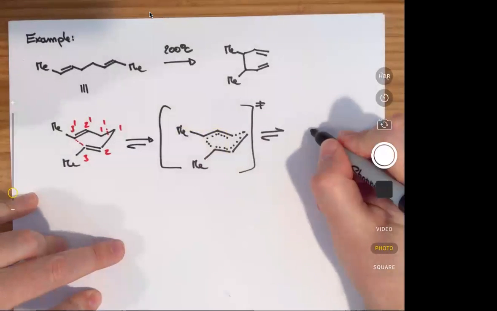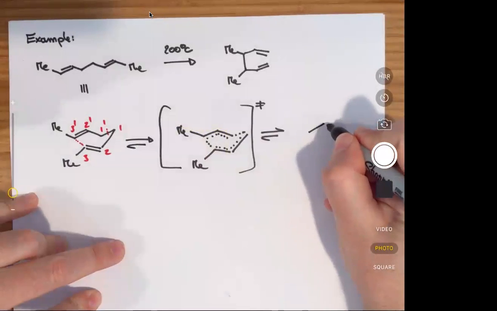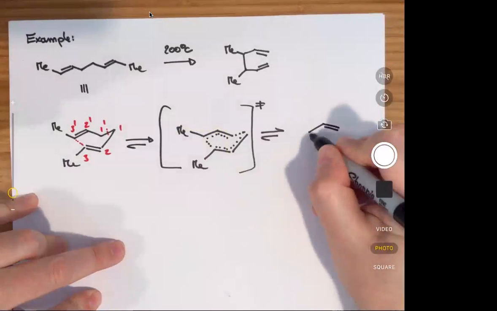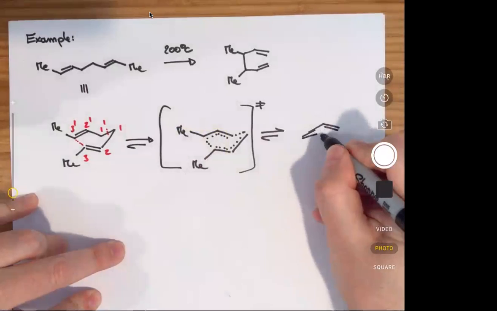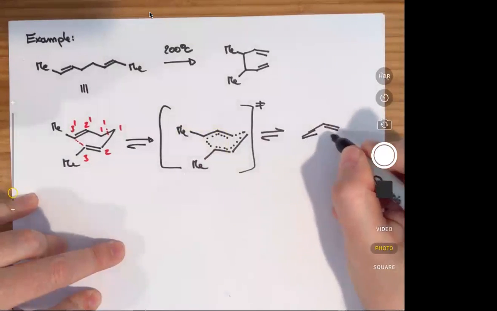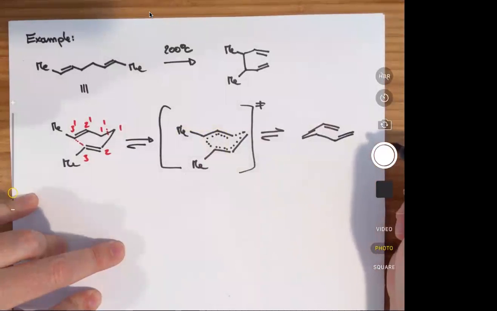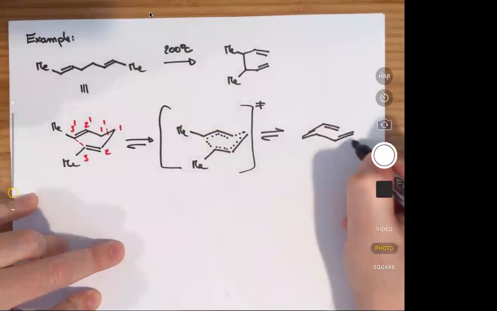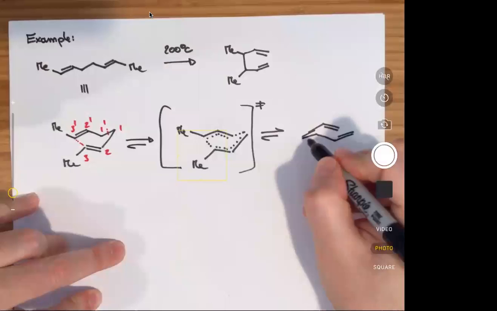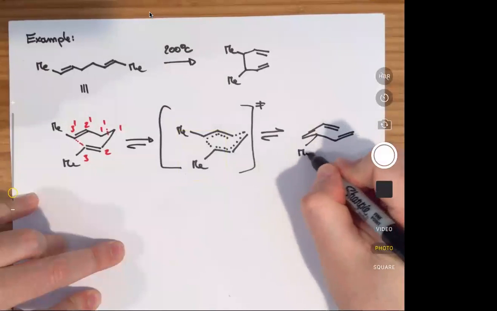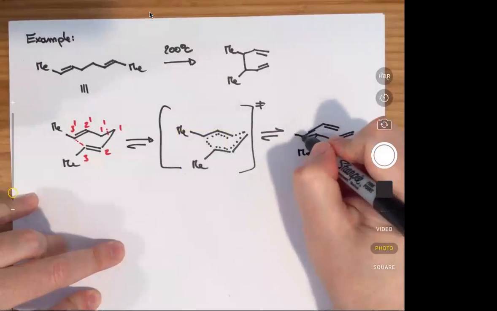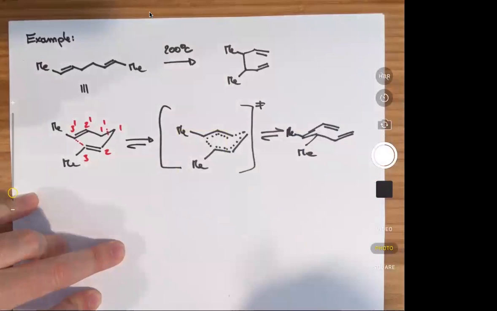And of course, this is also still a six-membered ring transition state. So we can draw it like this. Let's make this a little bit longer. And then down and up again here. And this methyl group here points out equatorially, and this methyl group here points out equatorial too.